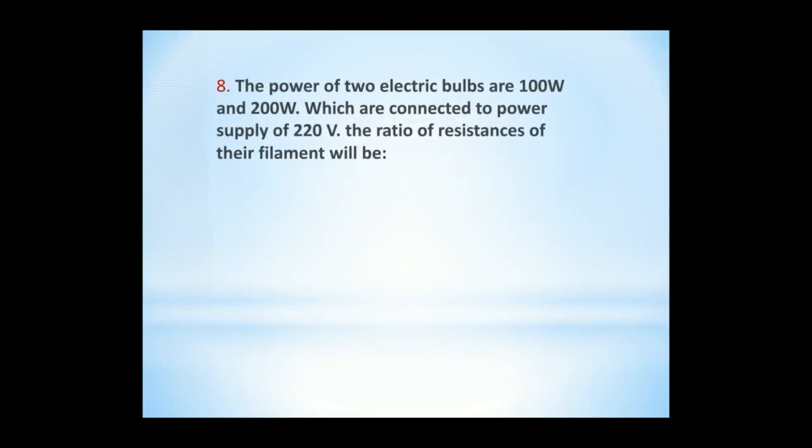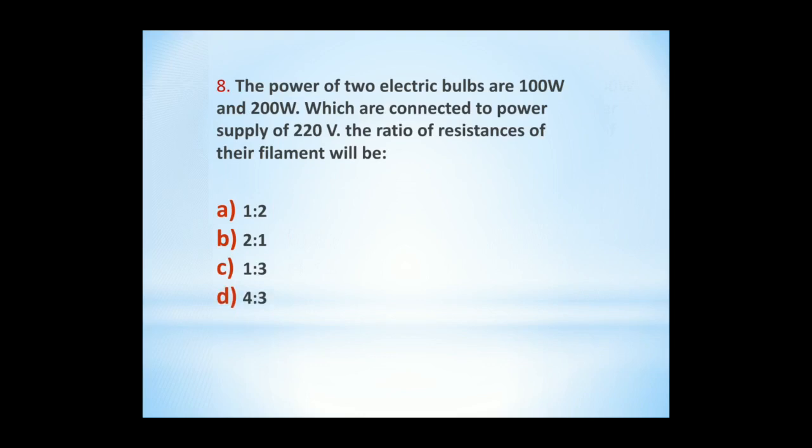Eighth one is, the power of two electric bulbs are 100 watt and 200 watt, which are connected to power supply of 220 volts. The ratio of resistances of their filament will be option A 1:2, option B 2:1, option C 1:3, and option D is 4:3.